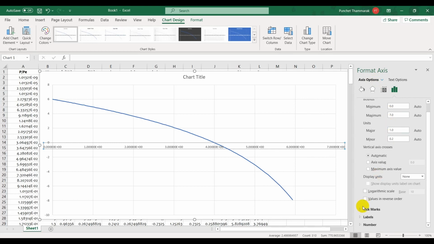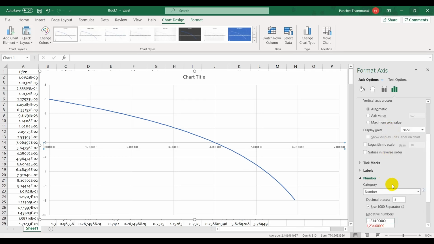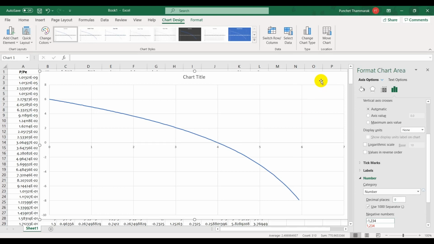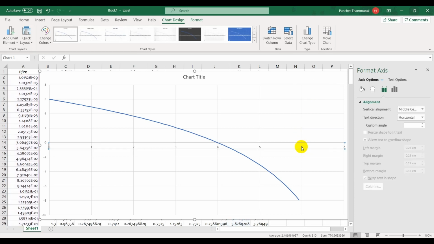Text option, number, and just number. Okay. Yeah, when you plot something in homework or assignment, handout, things that you submit, just don't leave it like that. That shows that you are a sloppy person.